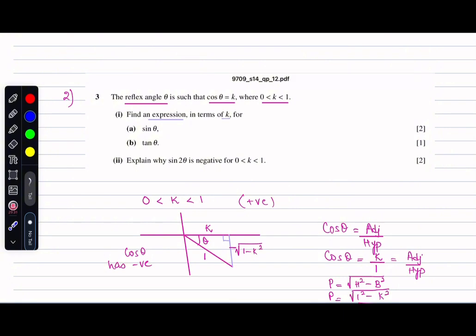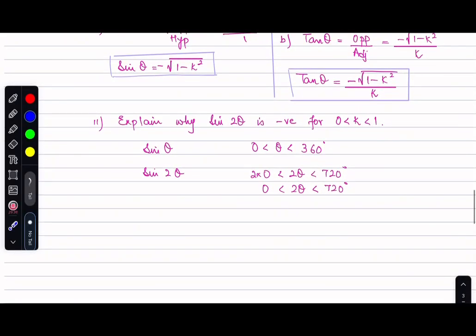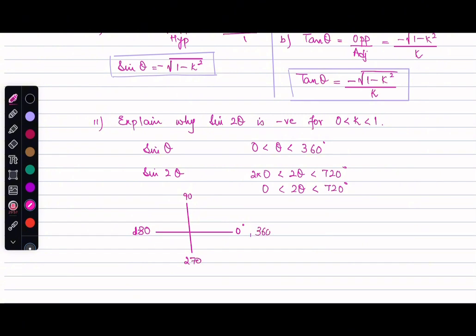So if we give this angle a second rotation, obviously my angle then has to lie between 540 degrees and 720 degrees. I knew that this was 0, 90, 180 degrees, then 270 degrees, and then 360 degrees. My angle rotation was in this quadrant here, already decided and discussed.